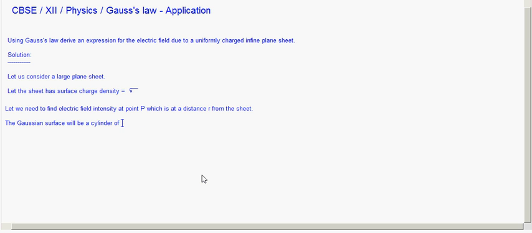The Gaussian surface will be a cylinder of cross-sectional area A and length 2r with its axis perpendicular to plane sheet of charge.